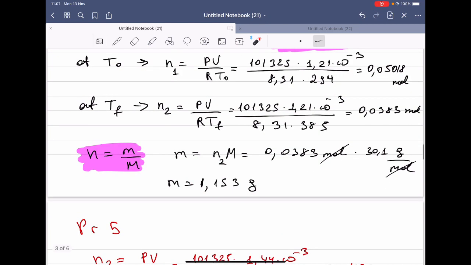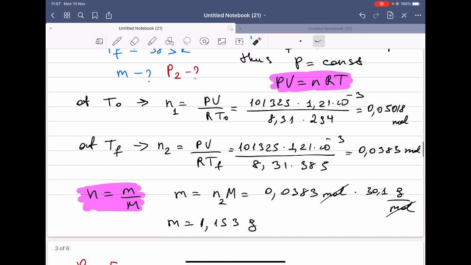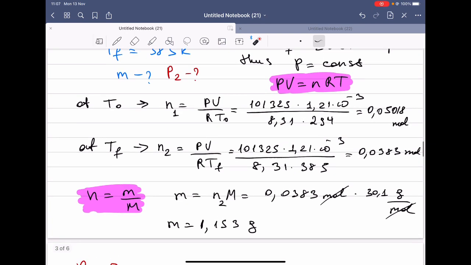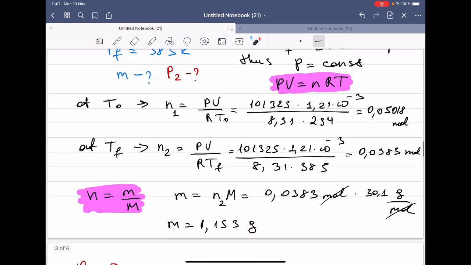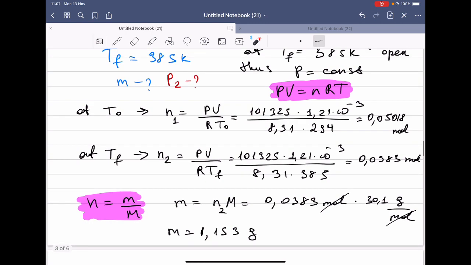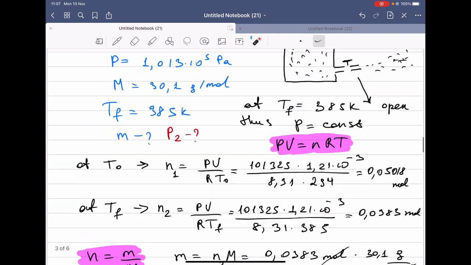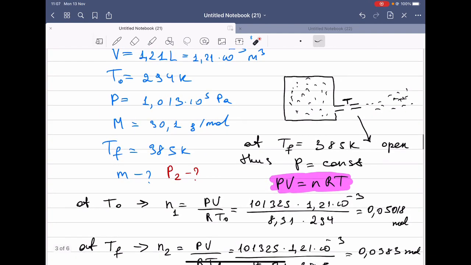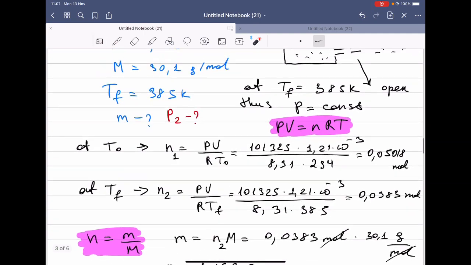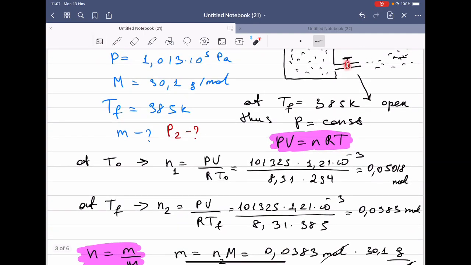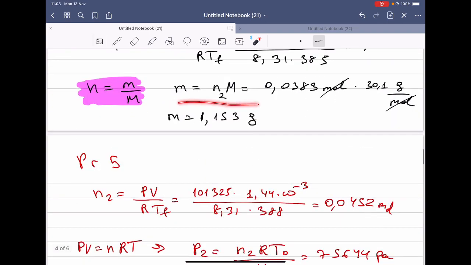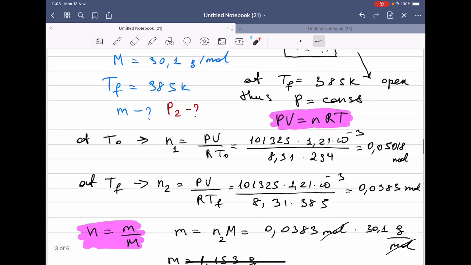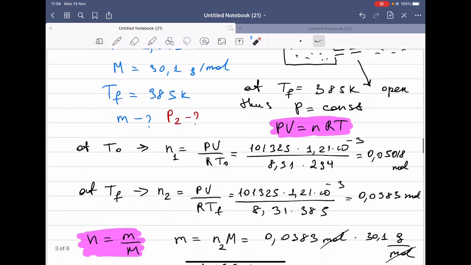Okay, this amount. So basically we found how much mass is left inside the container when the temperature increased and the valve is open.